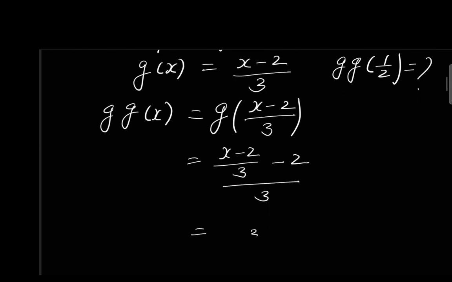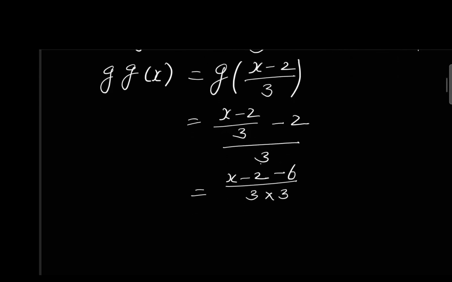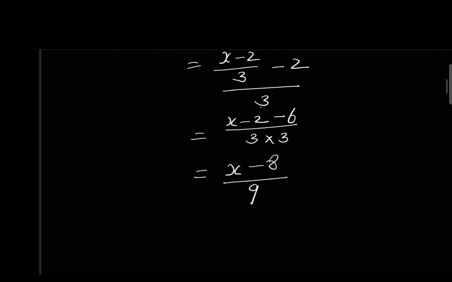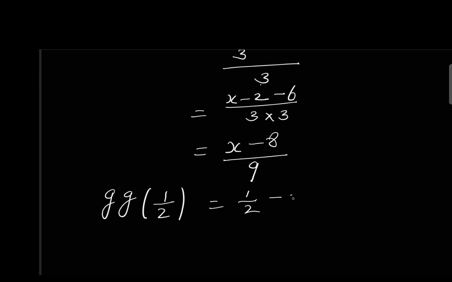Here 3 is the LCM. x − 2 minus 3 twos are 6. This denominator 3 you take here with this term, so you are getting (x − 8)/9. Now I need to find g(g(1/2)), so replace x with 1/2. 1/2 minus 8, divided by 9.